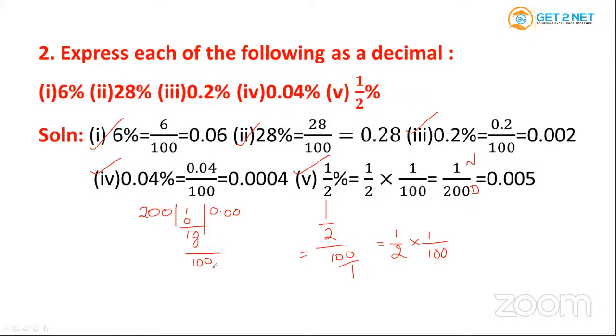Right? So now it comes to 1000. Clear? So 200 into 5 is 1000. I hope everyone is clear. Any doubt in this? Clear, right?